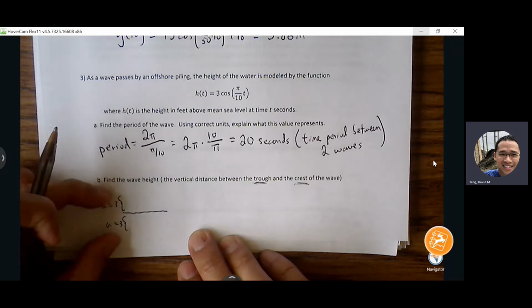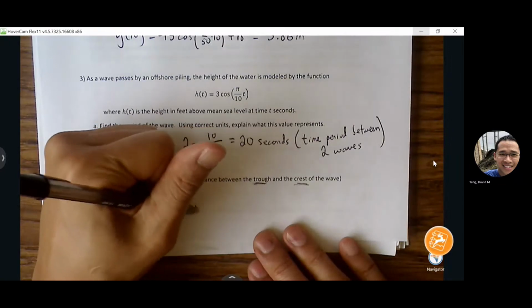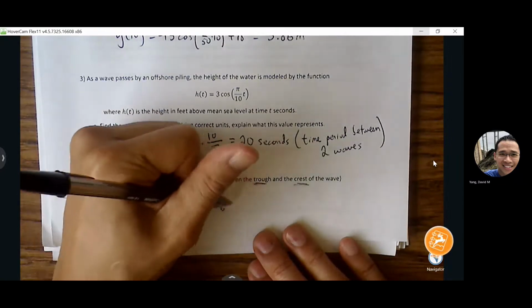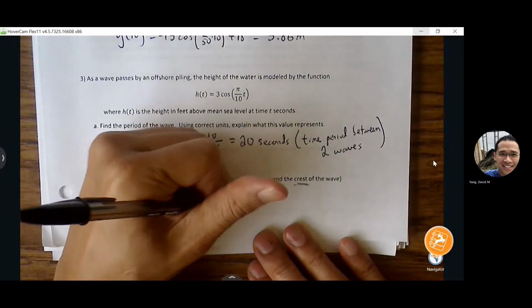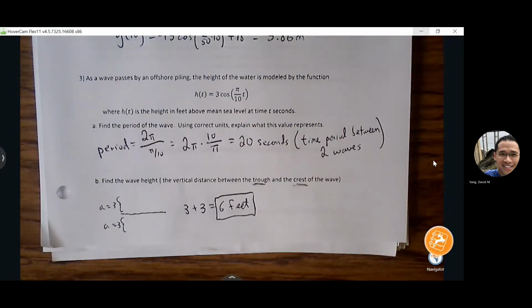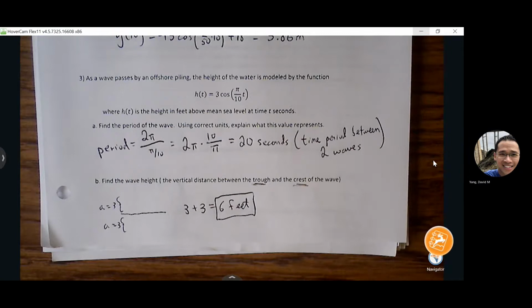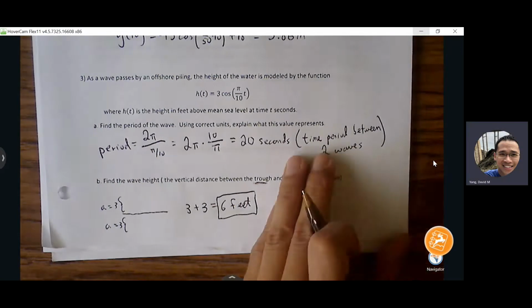From the peak to valley, the vertical distance is 6. Okay.